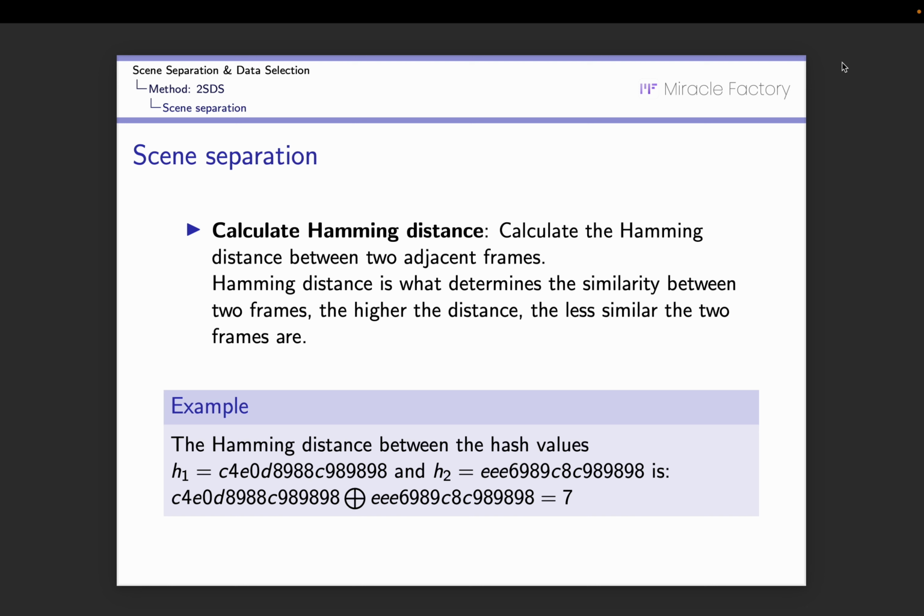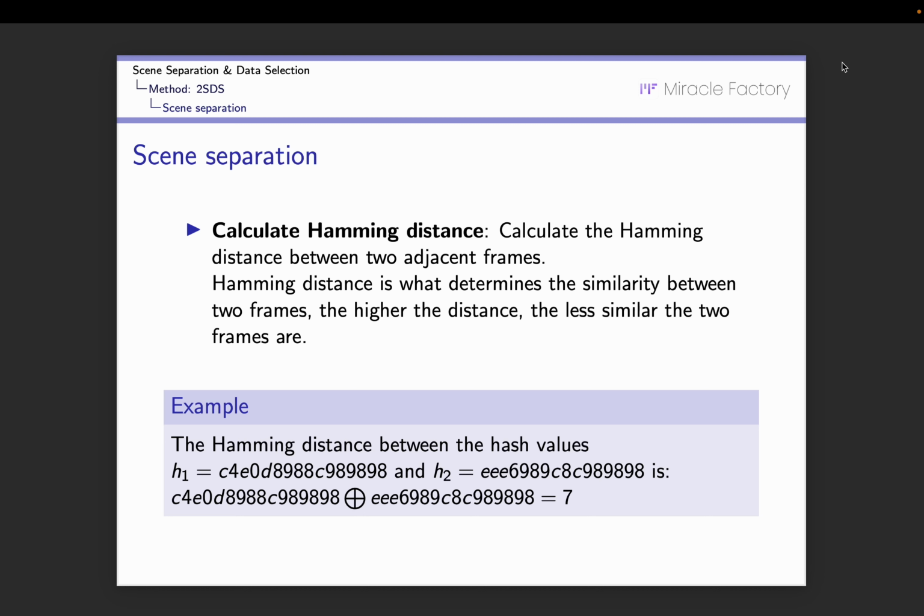So every image is going to get its own unique hash value. By calculating the Hamming distance between these two hash values, we get a general idea how similar the two frames are. The smaller the Hamming distance, usually the more similar the two frames are. The higher the distance, they are most likely not in the same scene.